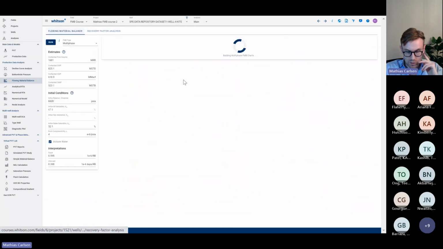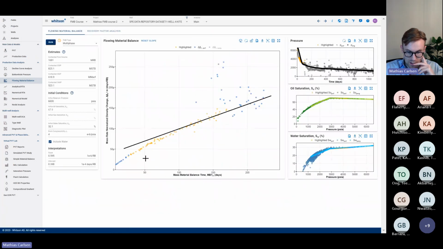So we see that all of these yellow points correspond with these yellow points above 3,000 here, or 2,900. So that's the data I like to fit. Here it basically follows what you would expect. A shallow slope, and then it sees more of the pore volume, and then this is the shallow slope that it sees before it reaches this period where gas is coming into the system.